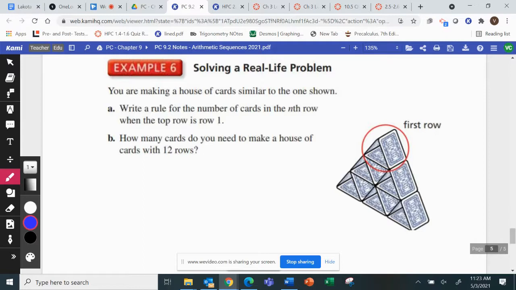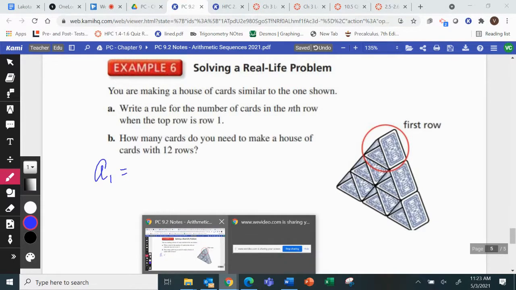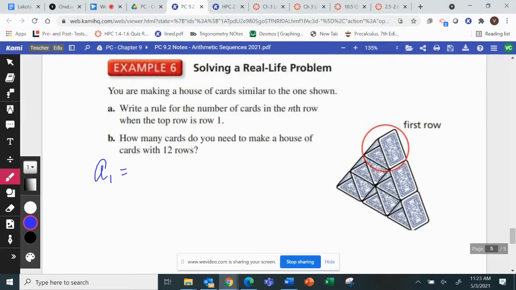So for row 1, how many cards do we have? I was going to say, I think it's the 3, but maybe I don't know. Do I have it open on here? Oh, no, this crashed earlier. I'll look it up. Probably 3, right?